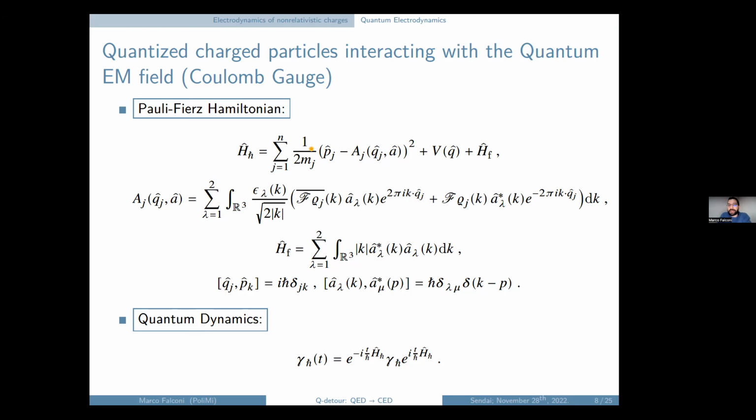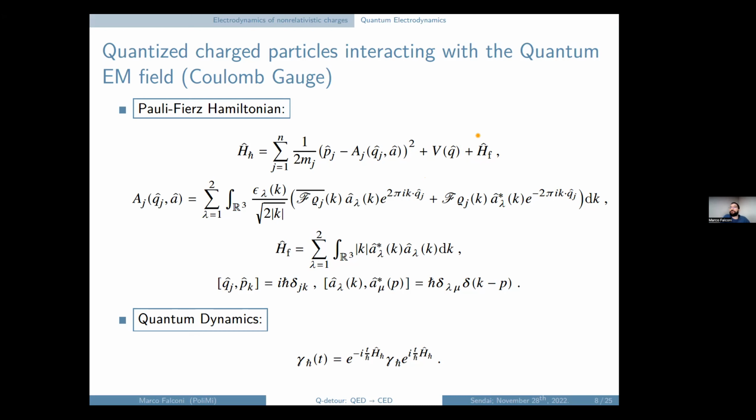Then everything is squared, and we divide by 2 times the mass, as it should be. Then there is the electrostatic potential acting on the particles. So this Q without any index is the set of all variables, Q1 up to Q capital N.